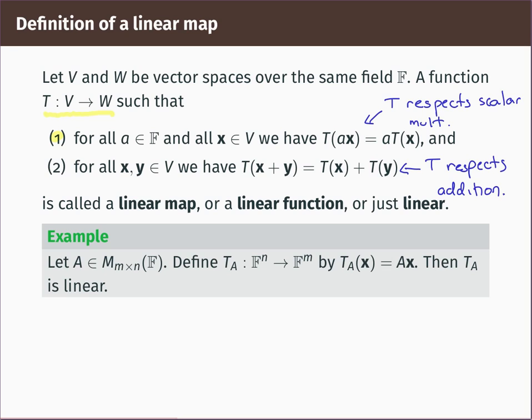And that's because both of the properties of linearity are just familiar properties that come from matrix multiplication, which you know matrix multiplication always obeys. So this is a simple and in fact one of the most important examples of a linear map. Left multiplication by a matrix gives you a linear map between spaces of column vectors.